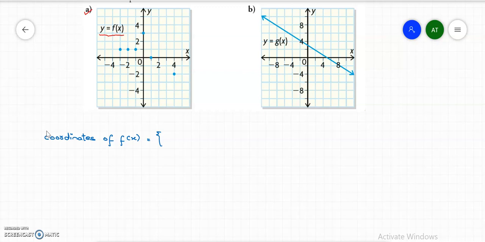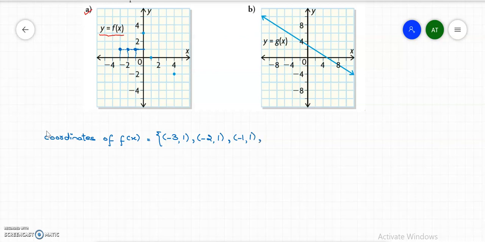Now we can see the first point: the x value is -3 and the y value is 1, so the first point is (-3, 1). For the second point, x is -2 and y is 1, so we have (-2, 1). The third point has x is -1 and y is 1, so (-1, 1).